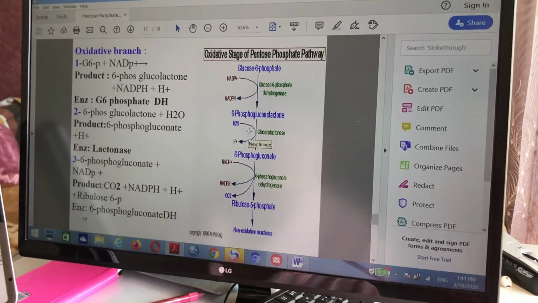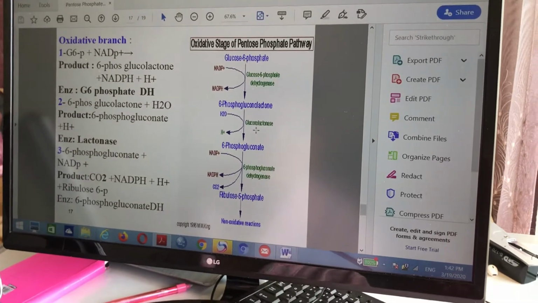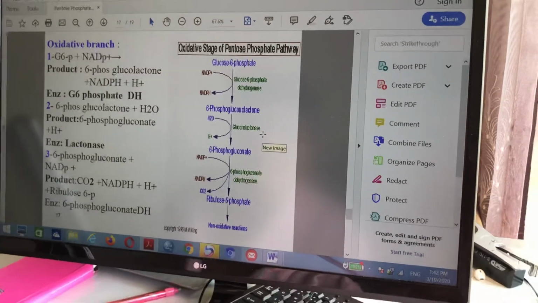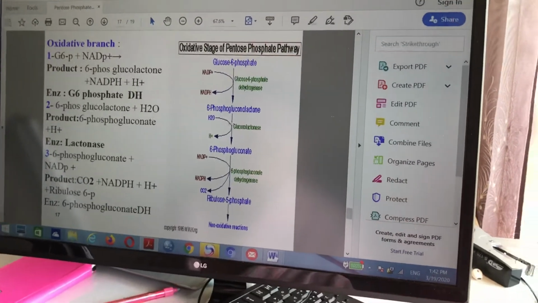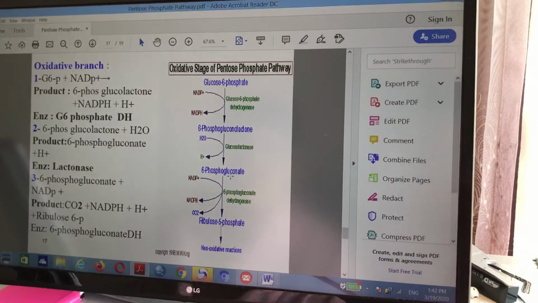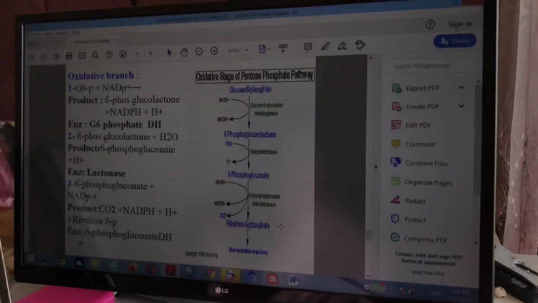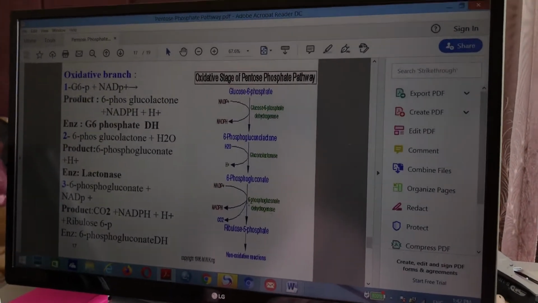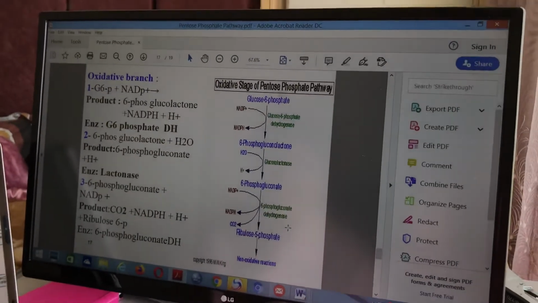6-phosphogluconolactone is converted to 6-phosphogluconate by the action of gluconolactonase, which needs a water molecule to hydrolyze the ring structure. Then 6-phosphogluconate is converted to ribulose 5-phosphate by the action of the enzyme 6-phosphogluconate dehydrogenase.